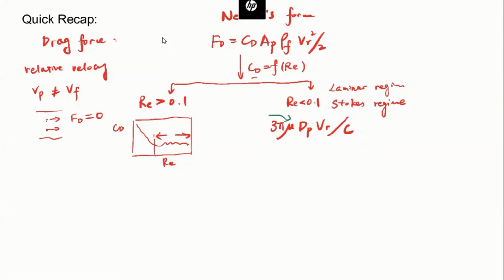In this equation, the mu here is the viscosity, the air viscosity. It's typically in the range of 1.7 or 1.8 multiplied by 10 to the negative 5, if we use standard units, I think kilogram per meter per second. The d_p here is the particle size, the particle diameter, in meters. V_R is the relative velocity.